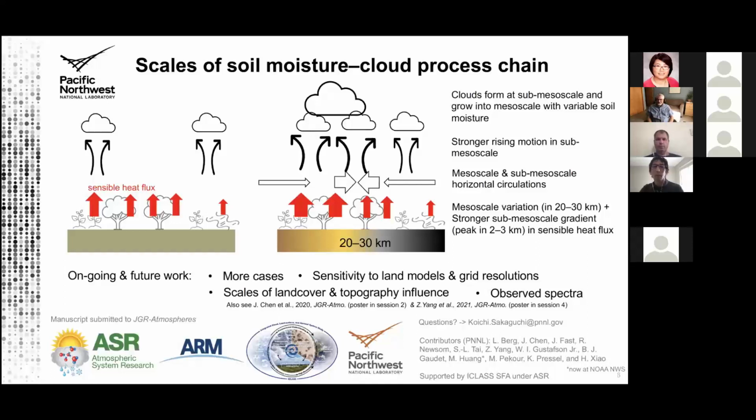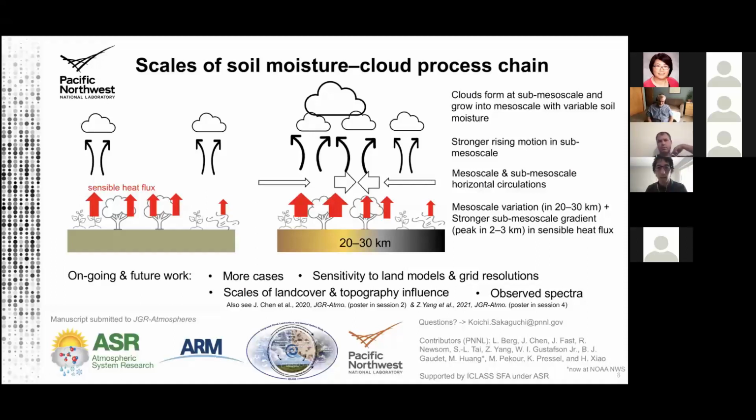And this non-hydrostatic sub-mesoscale motion in vertical motion also gets stronger with a signature around 2 to 3 kilometers. That's where we find enhanced energy. But those are only happening over a small fraction of area, like hotspots. And over those hotspots, clouds form earlier and then grow larger.